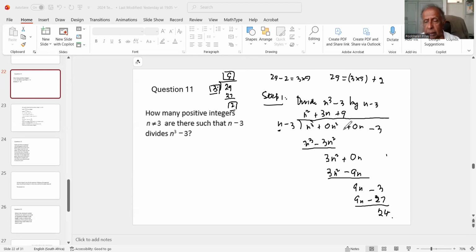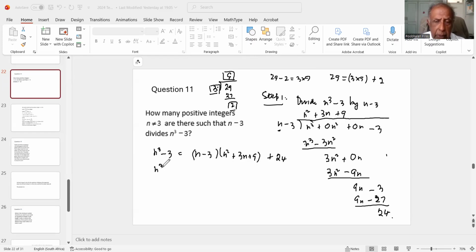So bearing that in mind, here you can write this as n cubed minus 3 is equal to those two multiplied, that times that, plus 24. Right, now you want to know when you divide this by this, so let's divide n cubed minus 3 by n minus 3.